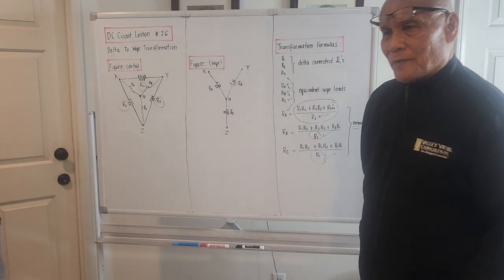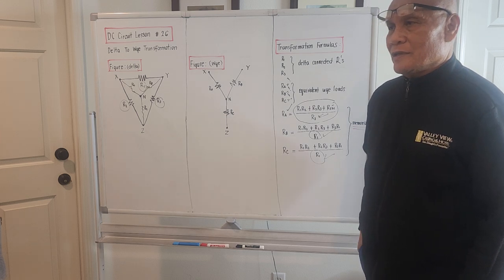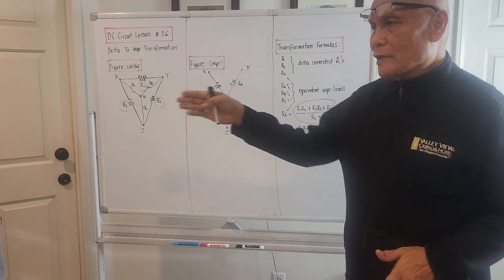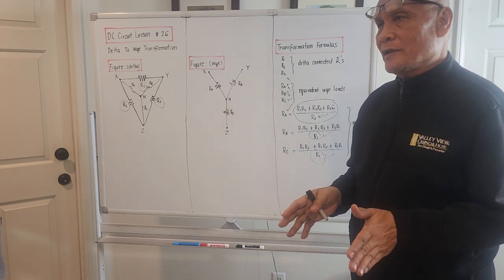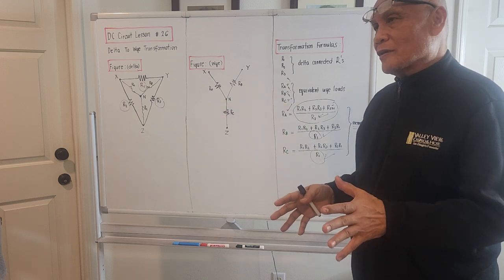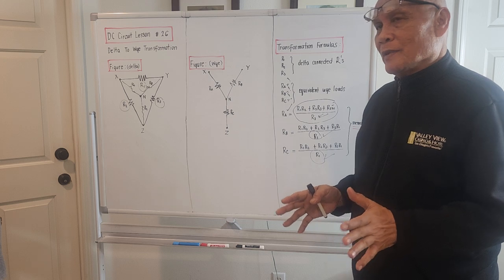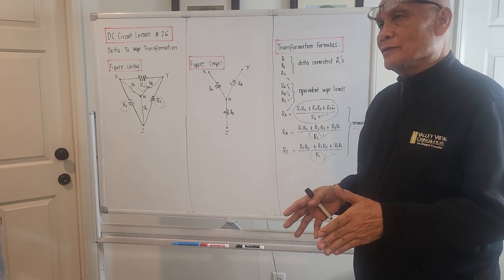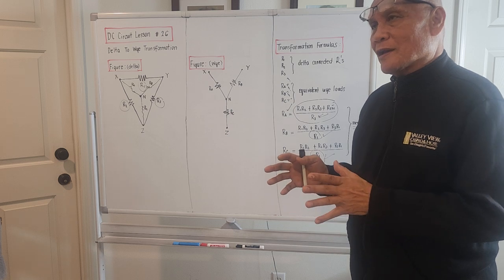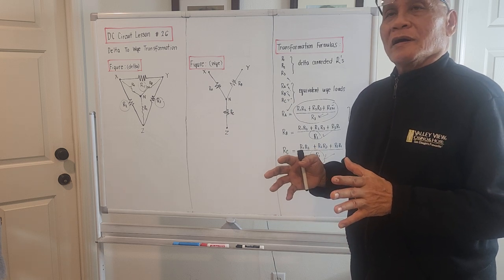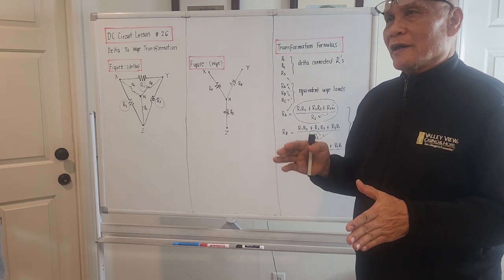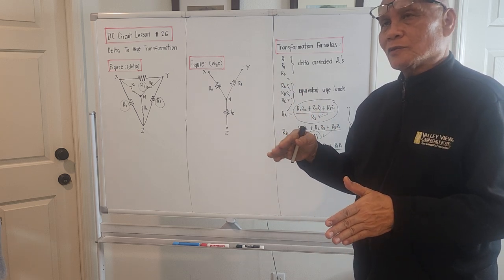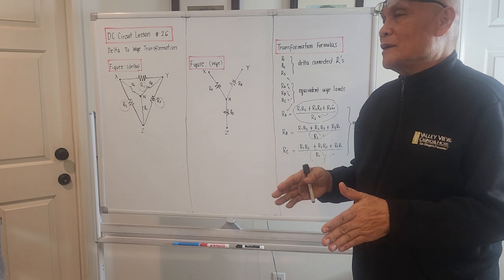Like what I said in the past lesson, the main reason why we needed the conversions from Y to delta or delta to Y is actually to make a certain circuit less complicated. Because sometimes if we are given a series parallel combination, or sometimes there are inserted resistances which are connected either in delta or Y, which will make the computation of the total resistance very difficult.